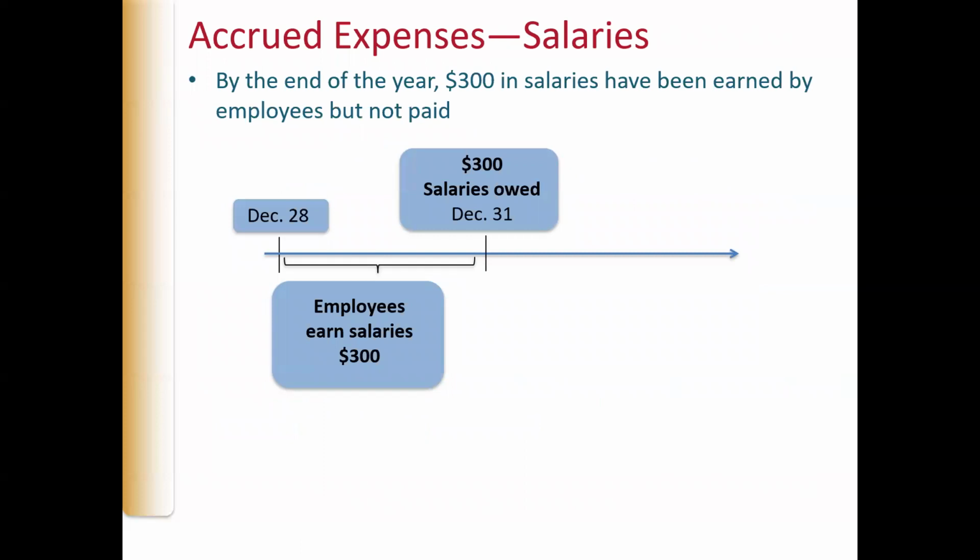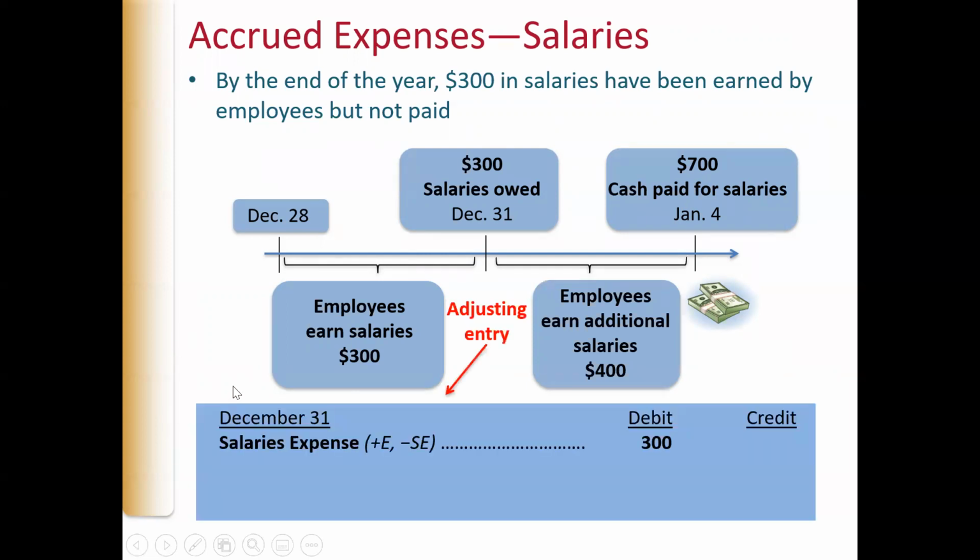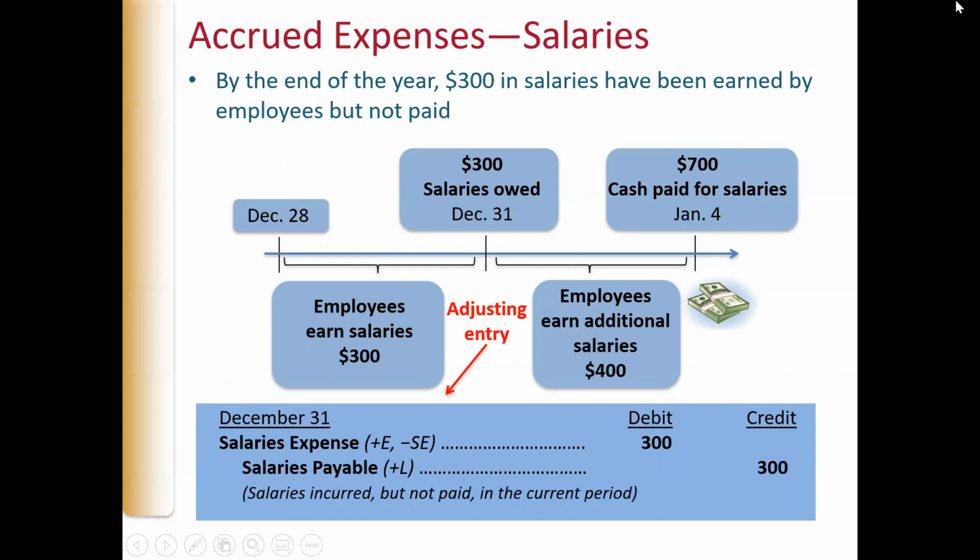So remember, the employee earns the salaries. The salaries are owed at the end of December, but they're not getting paid until January 4th. So the amount that is due those employees as of the end of December, we show a debit to salaries expense and a credit to salaries payable, don't we?